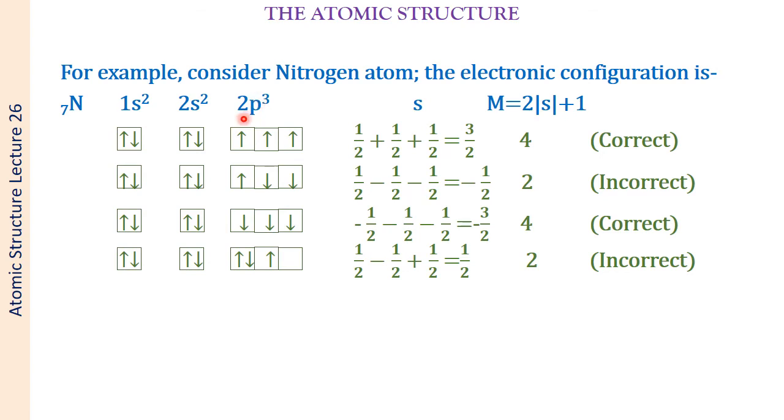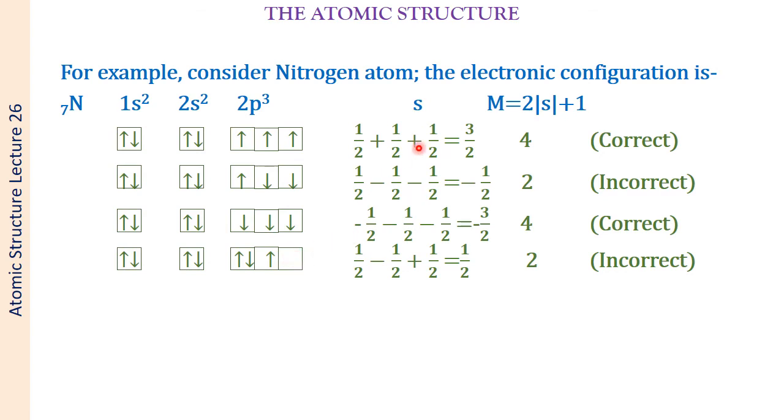So one option is that we fill them singly as told by the Hund's rule of multiplicity, and this can be either a spin up or it can be a spin down, right? The other way is that we have one spin up and two spin down, or two spin up and one spin down. That would not make much of a difference, that will be the same case again. And then we have two electrons in one p orbital, one electron in the second one, and leaving the third empty, right?